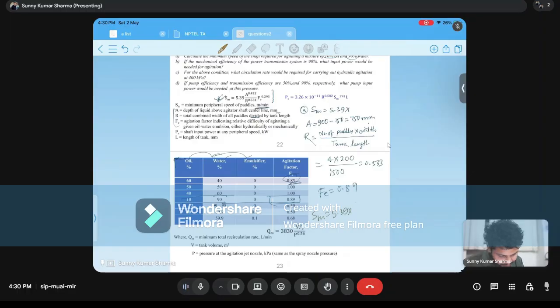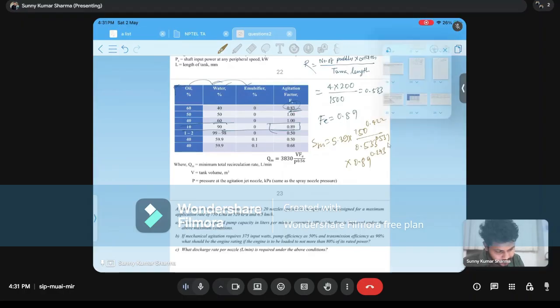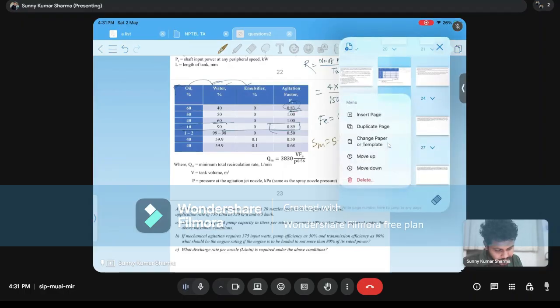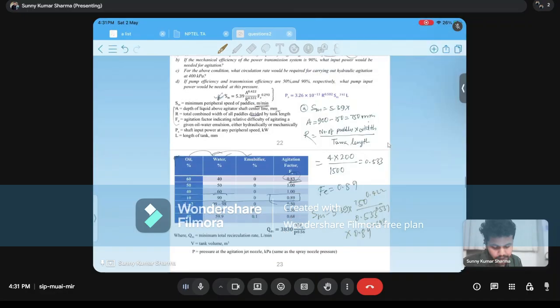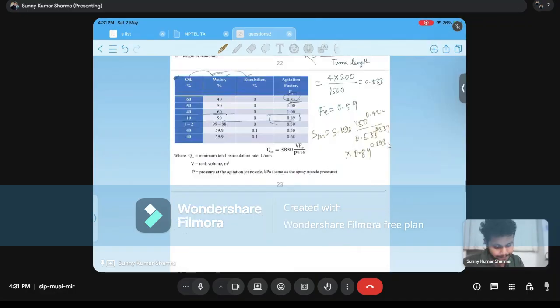A we have to write in mm, so it is 750 to the power 0.422, divided by R, R is 0.533 to the power 0.531, into Fe, Fe is 0.89 to the power 0.293. When we solve this calculation, we will get the minimum peripheral speed of paddle in meter per minute.